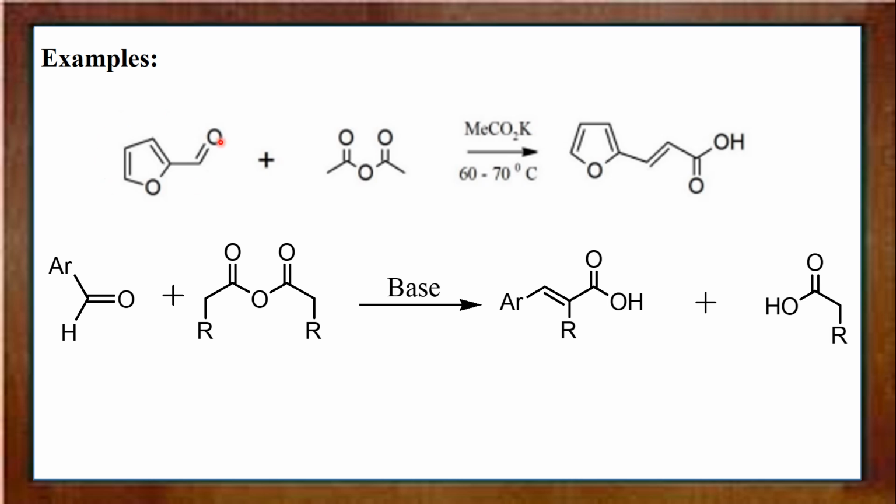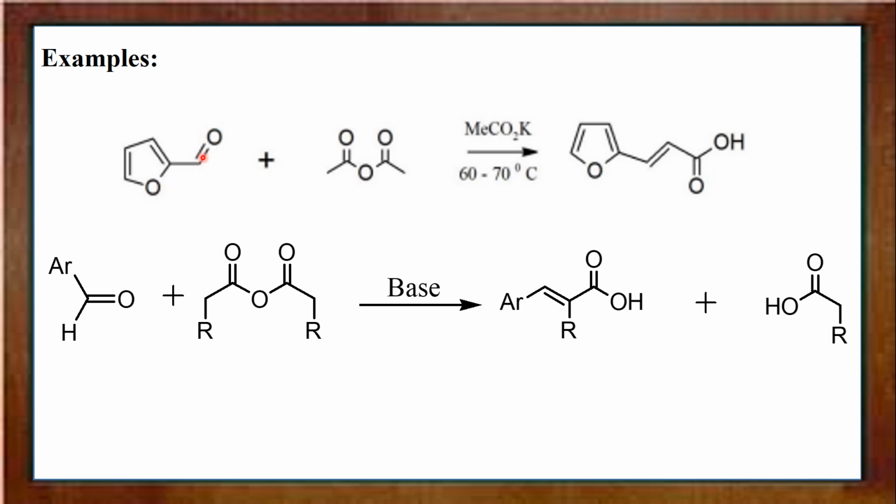So aromatic aldehyde and acid anhydride, under the influence of a base, generate an intermediate, and it is treated with a strong base for E2 elimination and then for hydrolysis to give an alpha beta unsaturated acid. So the conversion is very clear.